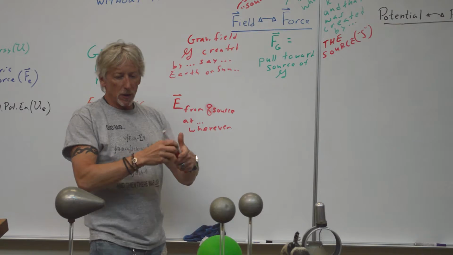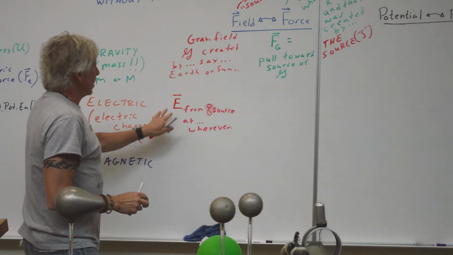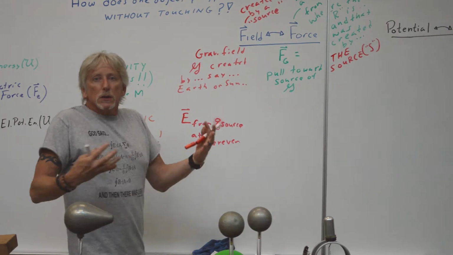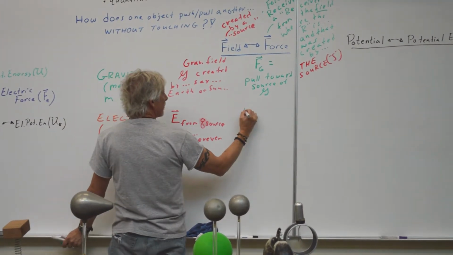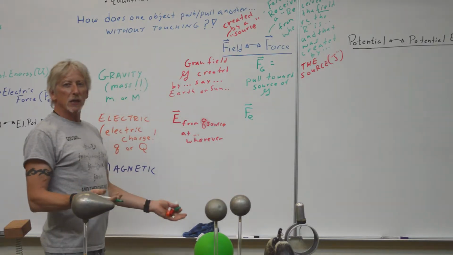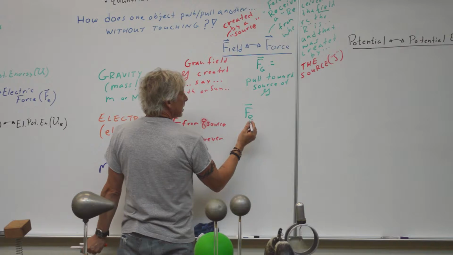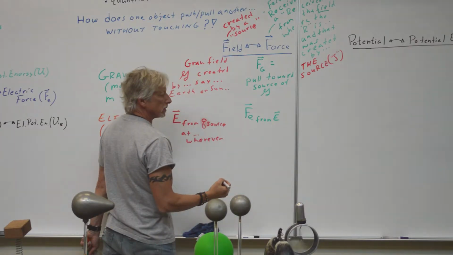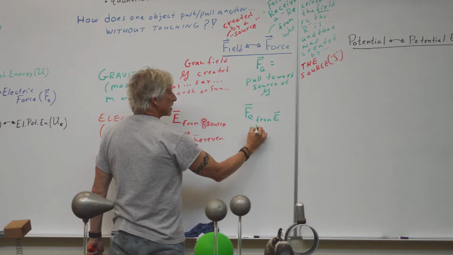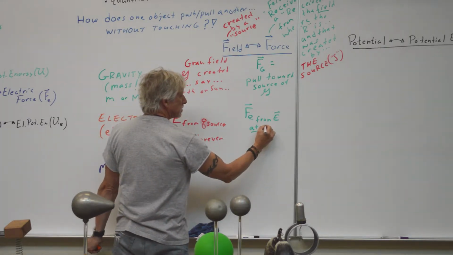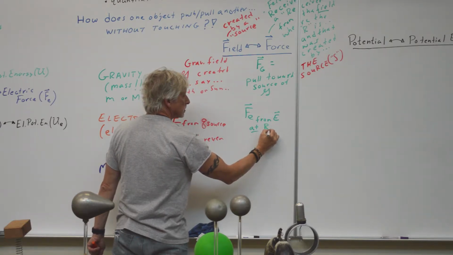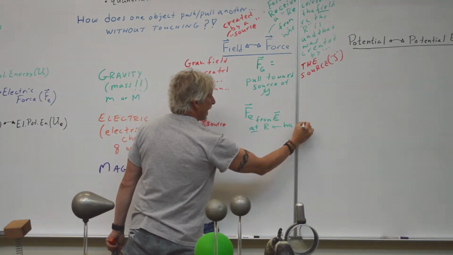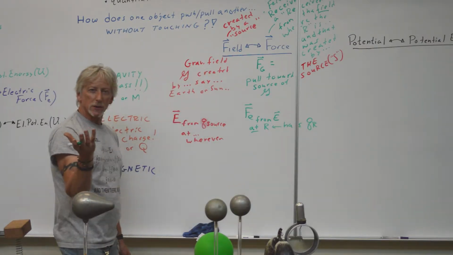And if you have another object which has a net electric charge, whether it be an electron, a proton, an ion, an object, whatever it is, then you have force electric, often we do F_E or F_EL, is going to be from the electric field at the receiver and the receiver has charge Q_R, uppercase or lowercase.